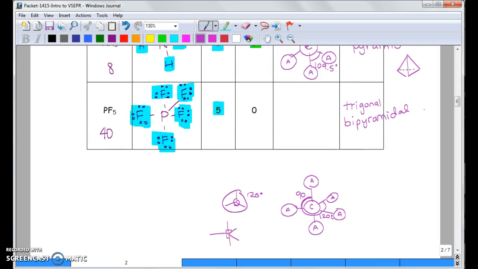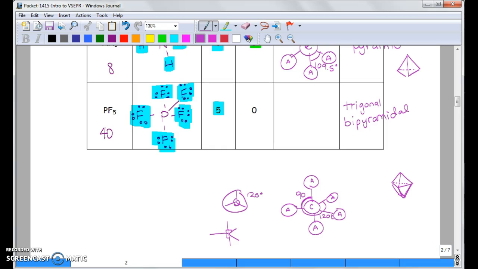Whereas the trigonal bipyramid still has the triangular base, but now it actually creates kind of like a diamond in a way, where you end up with something that looks like this. And I'm not the best artist here, but you have that triangular base, and then there's a pyramid on top and a pyramid on the bottom as well.